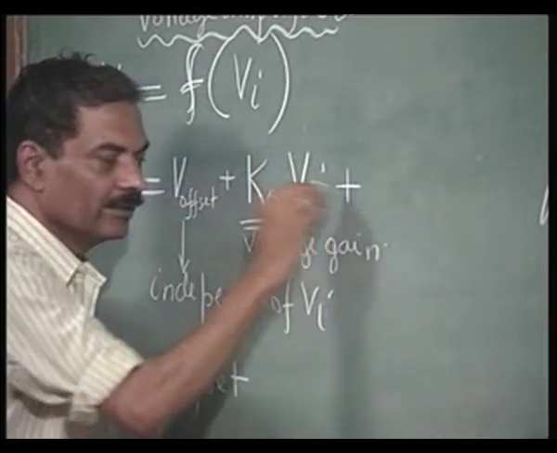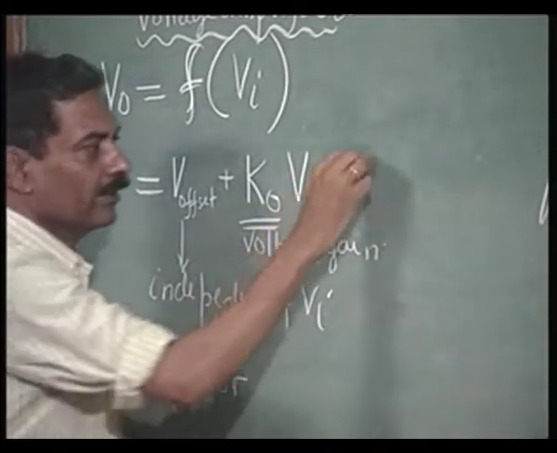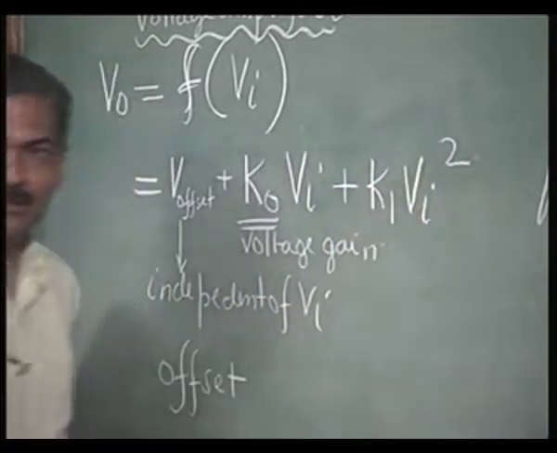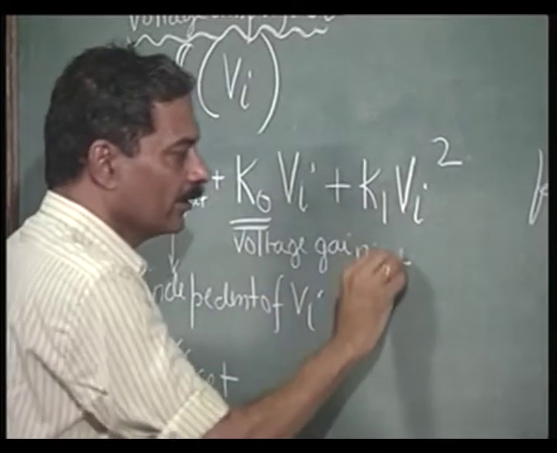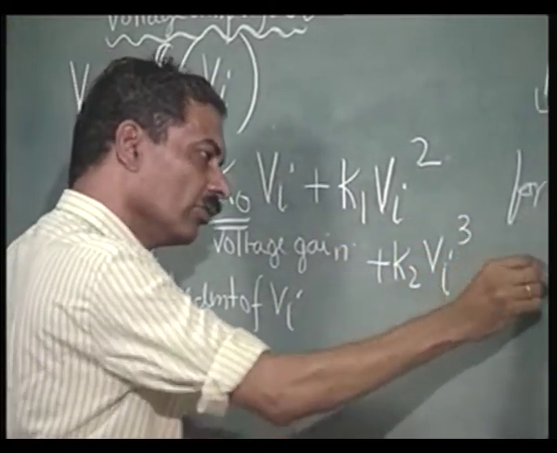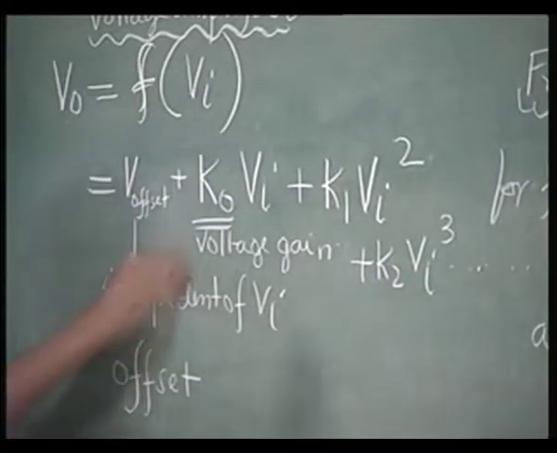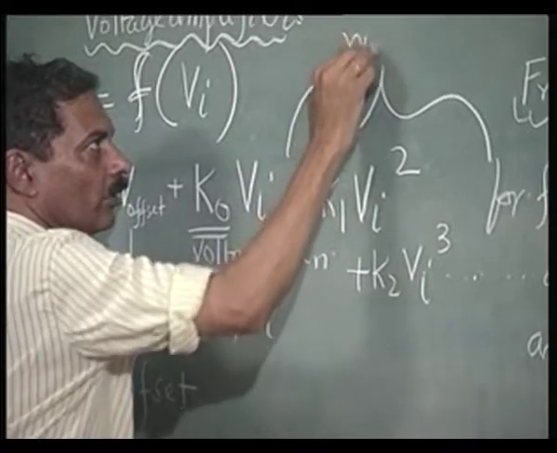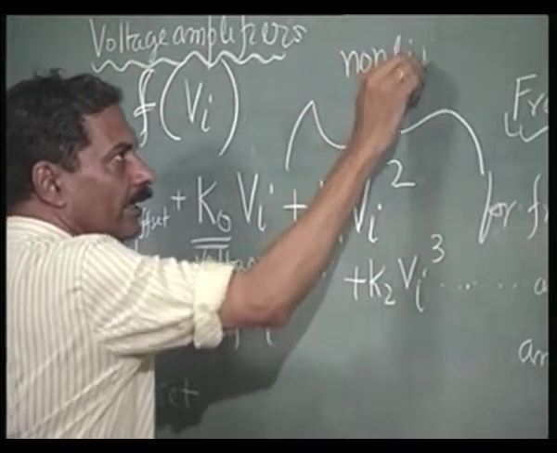Then something that is going to be K1 times Vi square, then K2 times Vi cube, and so on. These terms are called non-linearities.